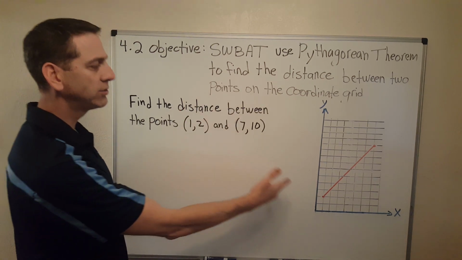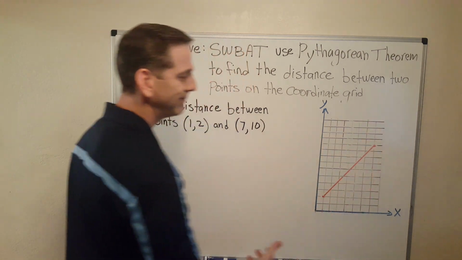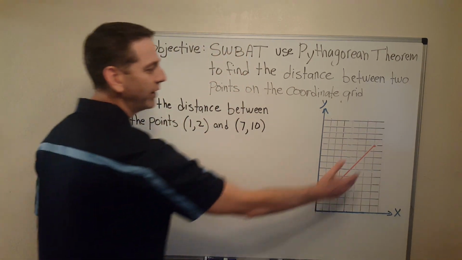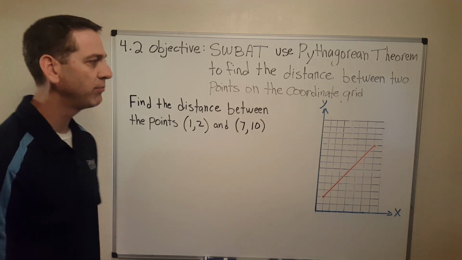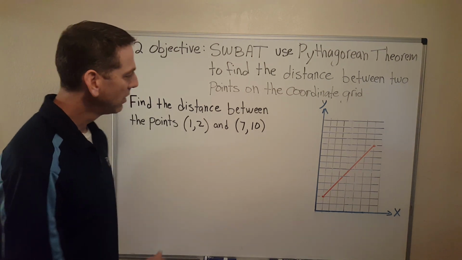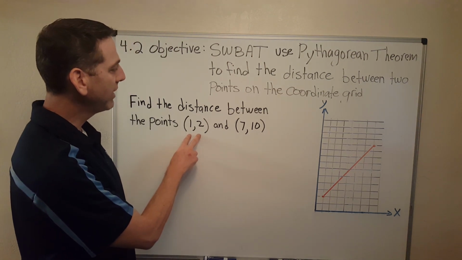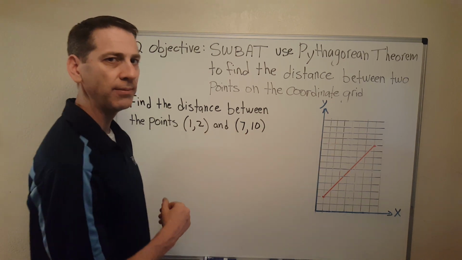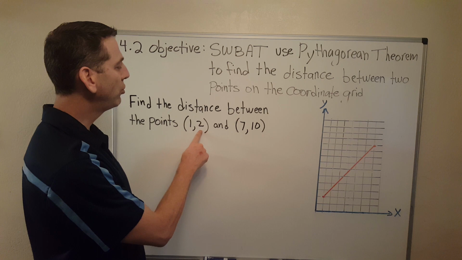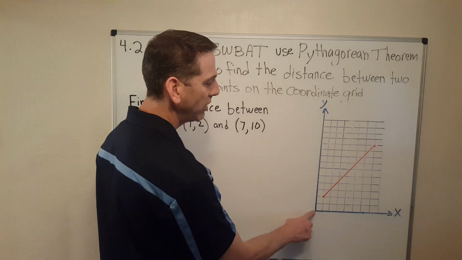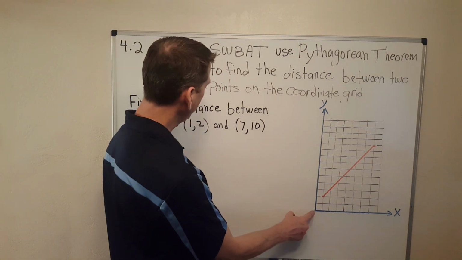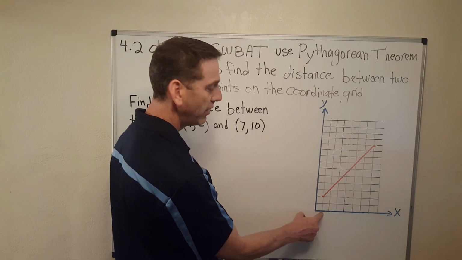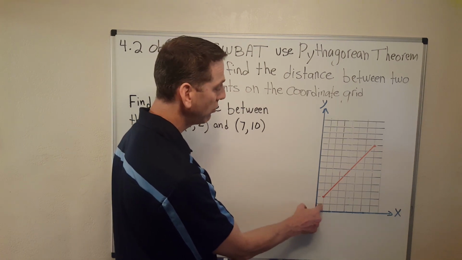I just drew a little graph here. The grid is not exact, so it's going to be a little bit off, but I think you get the picture. I plotted both of these ordered pairs so that we could see it visually. For (1, 2), I start at the origin, the x-coordinate is 1, the y-coordinate is 2, so I just go up 2.